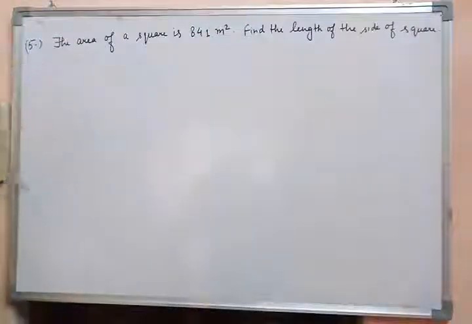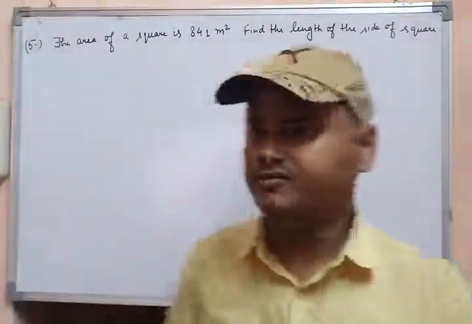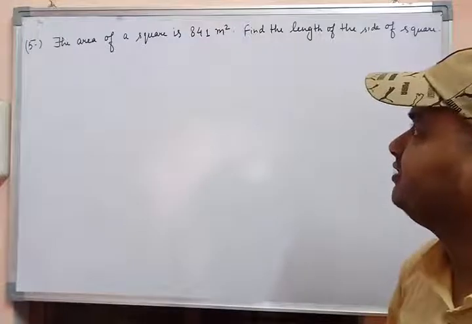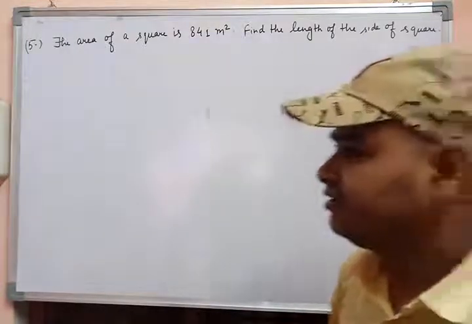Question number 5 is about the area of a square. This is a word problem. First of all, you have to read the question. The area of the square is 841 meters square. Find the length of the side of the square.